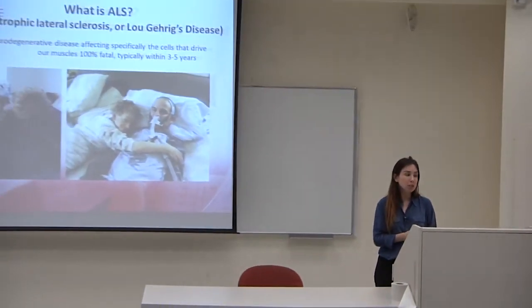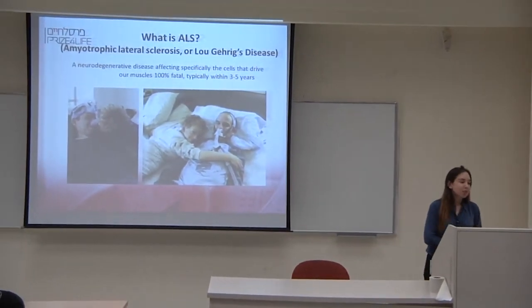Prize for Life is a nonprofit. We are based in Israel and in the United States, and our mission is to accelerate the development of treatments and a cure for ALS. What is ALS? I think you heard about it a little bit in this course. ALS, amyotrophic lateral sclerosis, in the United States is called Lou Gehrig disease, and in Europe, motor neuron disease. Same disease, different names.